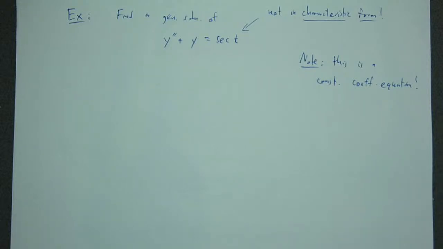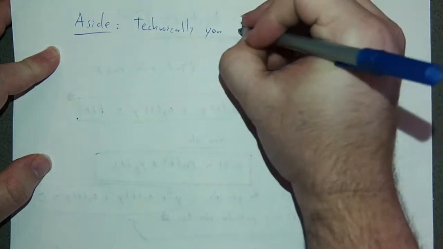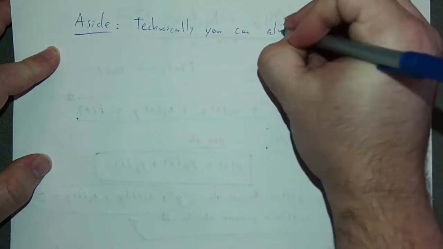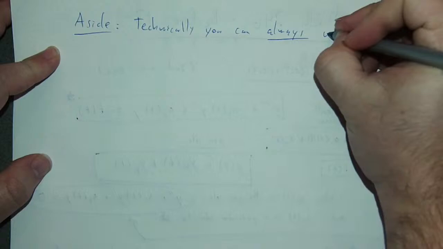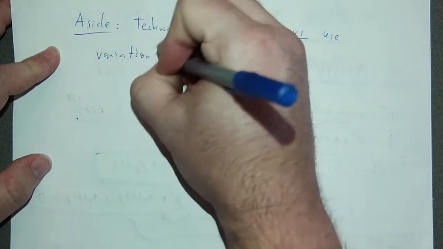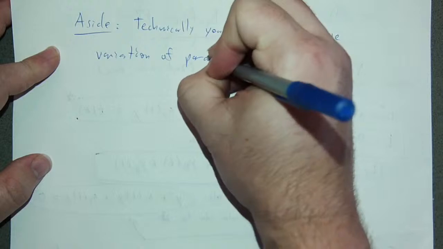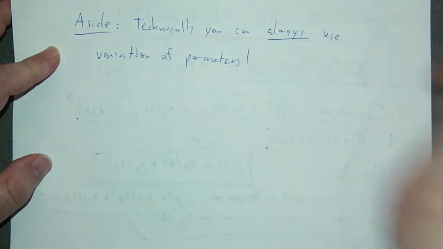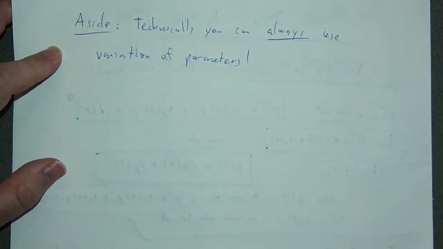So here's an aside. Technically, you can always use variation of parameters. Now, you might say, well, that's great.